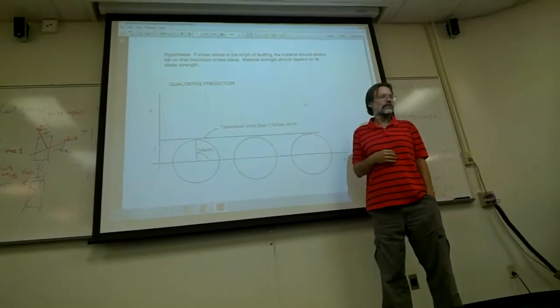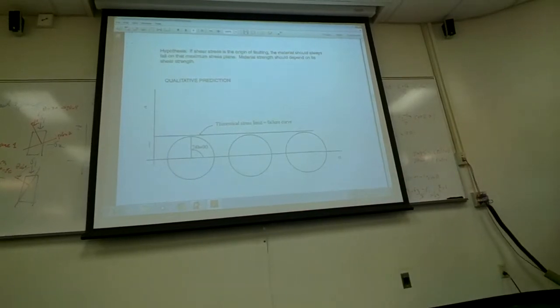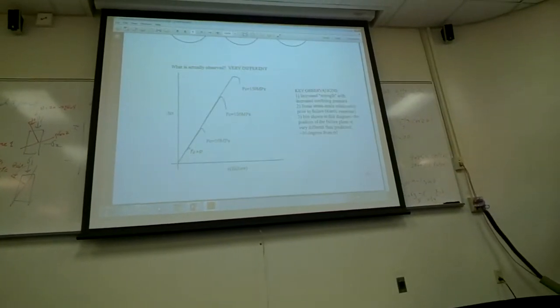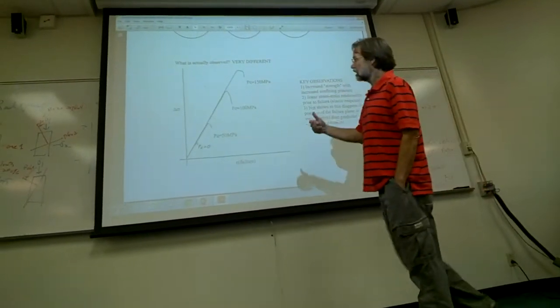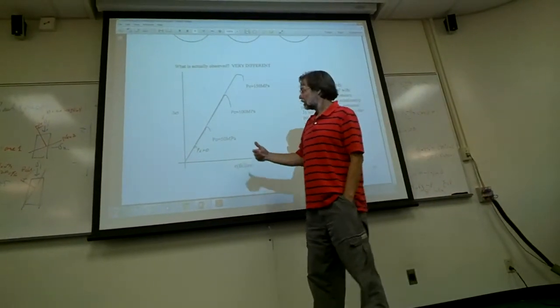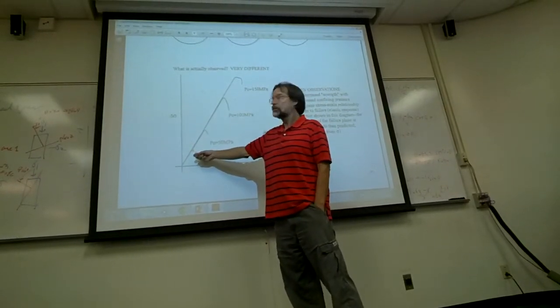Well, guess what? It doesn't work. Instead, what's observed in these rock deformation experiments is this. You conduct an experiment at low confining pressure, or zero confining pressure, you might get this strength.